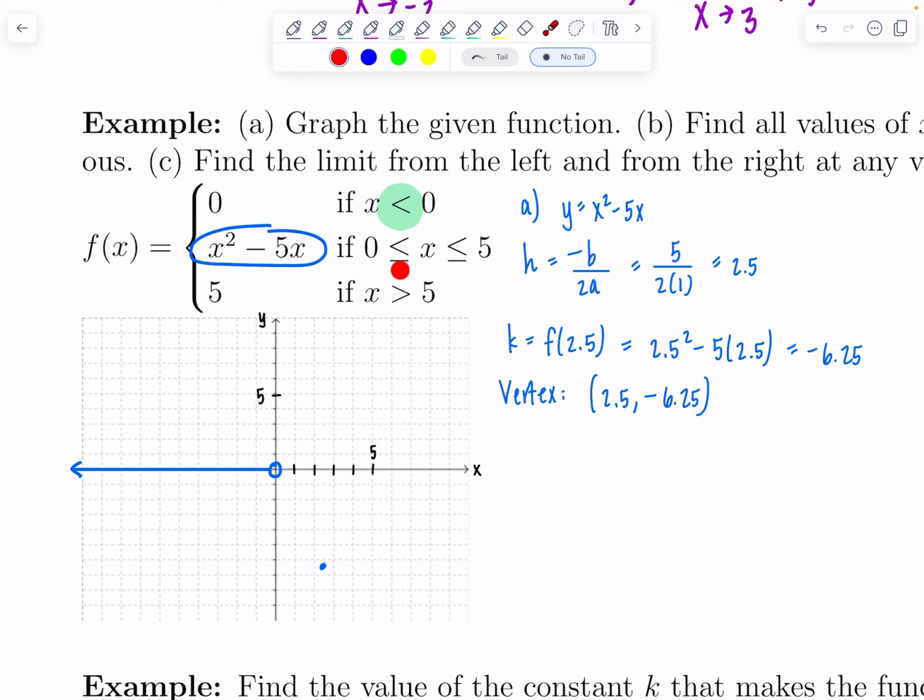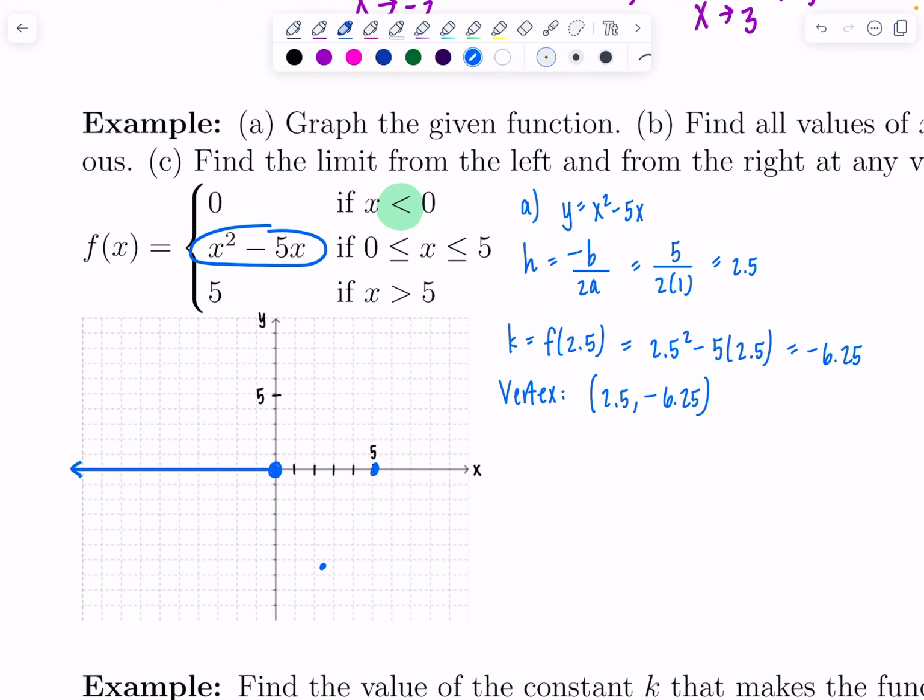See how the inequality is inclusive? So if x is 0, we get, very good, y is 0. So that means you're just going to come over here and fill in this closed circle. And then if x is 5, 5 squared minus 5 times 5 is also 0. So we have 2 zeros right here.